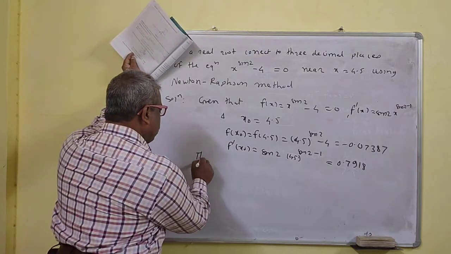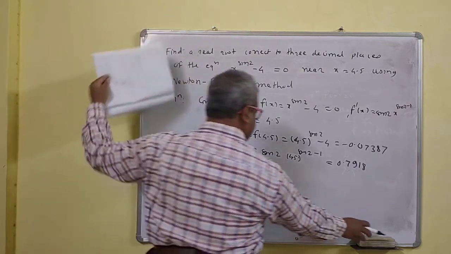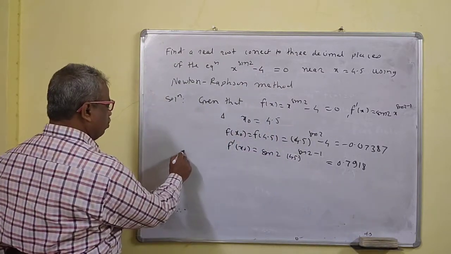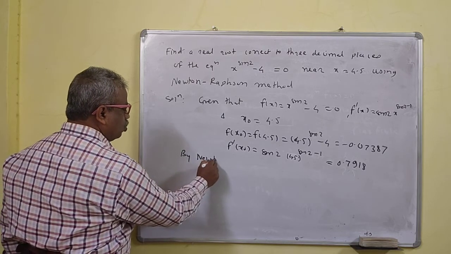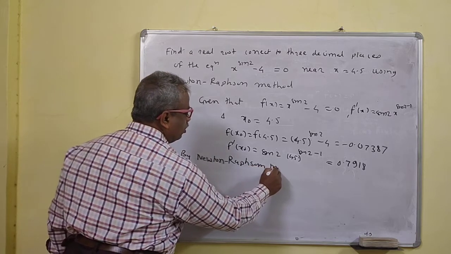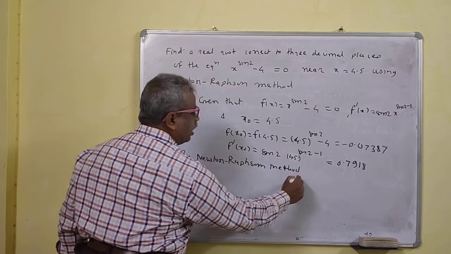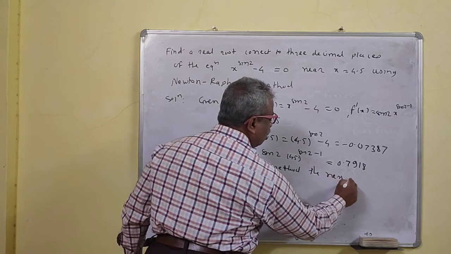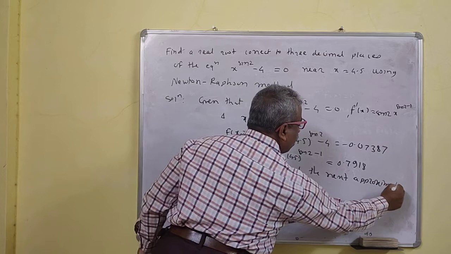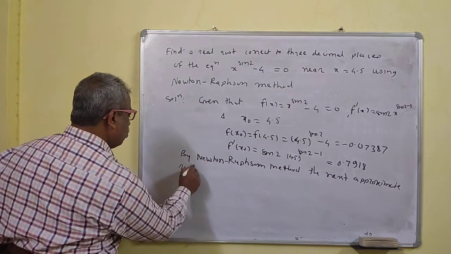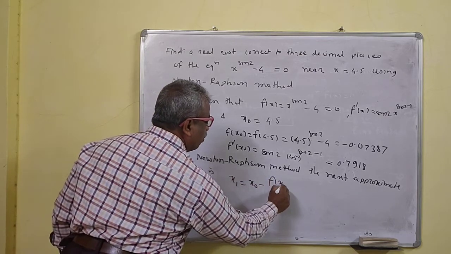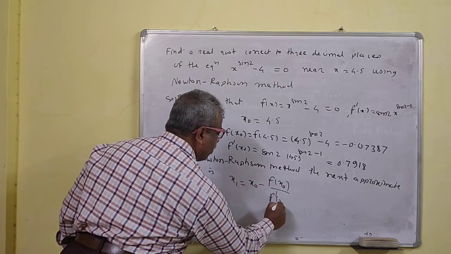By Newton-Raphson method, the next approximate root is x1 is equal to x naught minus f of x naught upon f prime x naught.